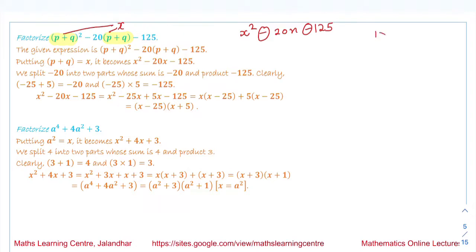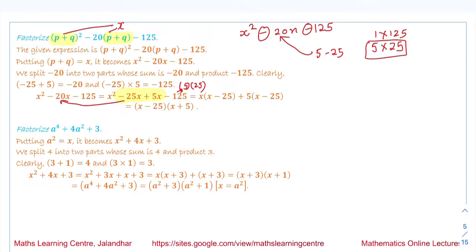So we have 1 into 125, then the next factor pair is 5 into 25, and we see that 5 into 25 is 125, and 5 minus 25 is minus 20. So we can write minus 20x as minus 25x plus 5x, and 125 we can write as 5 into 25.